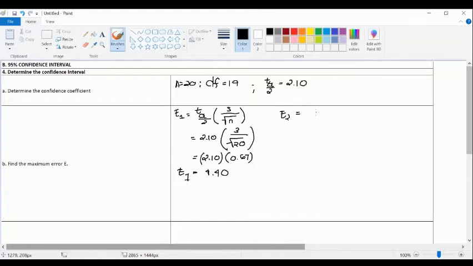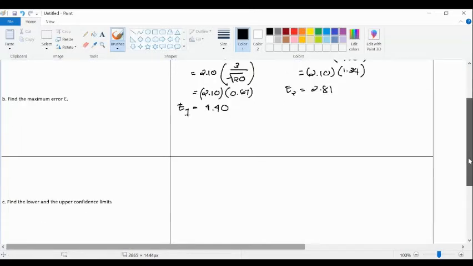Now for the control group, same formula: 2.10 multiplied by 6 over the square root of 20. So 2.10 multiplied by 1.32 will give you an answer of 2.81. This will be the maximum error for your control group.